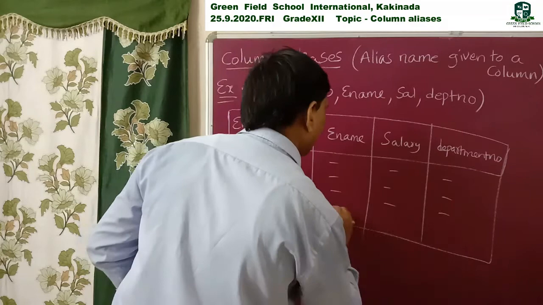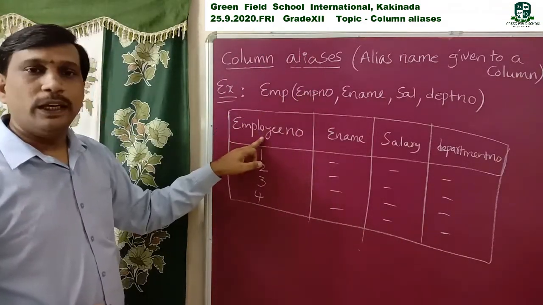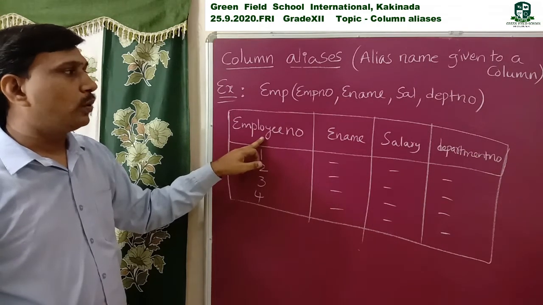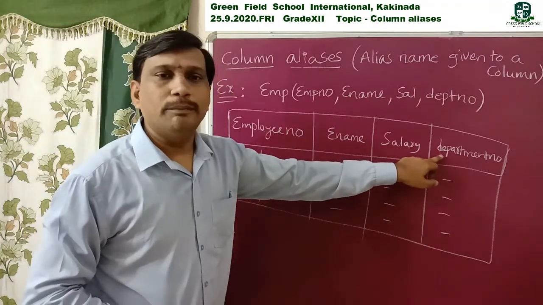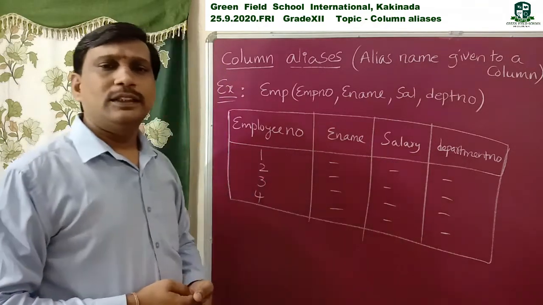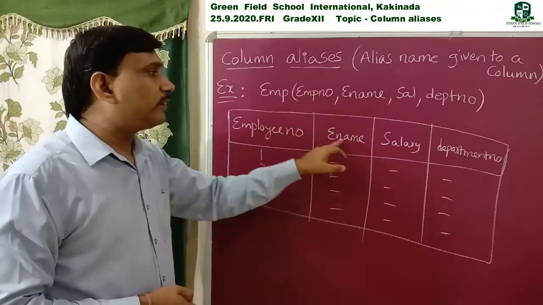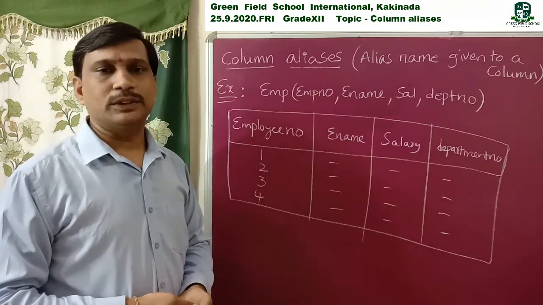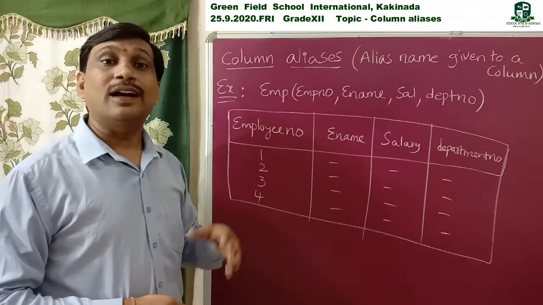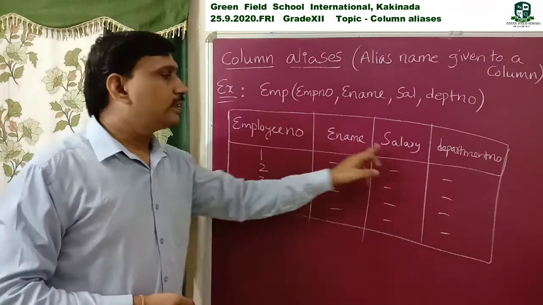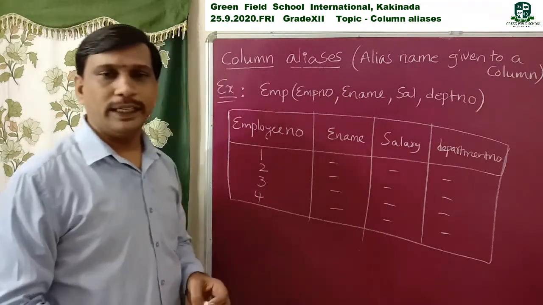The first one is displayed with this employee number, the second not changed, the third salary, the fourth department number. We write the column alias with the AS keyword, that's why they are replaced with these column alias names. In this way, according to our requirement and interest, we write these column names with the AS keyword.